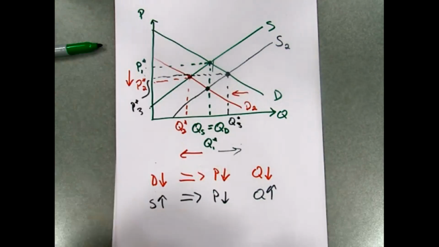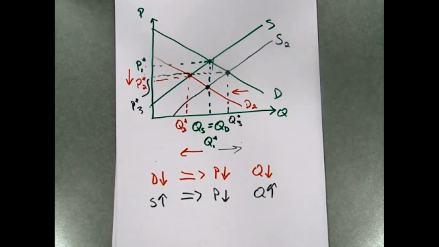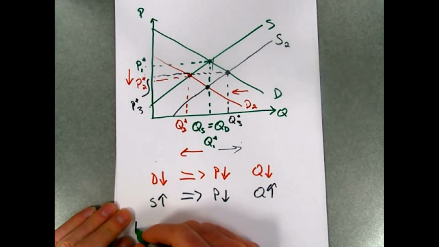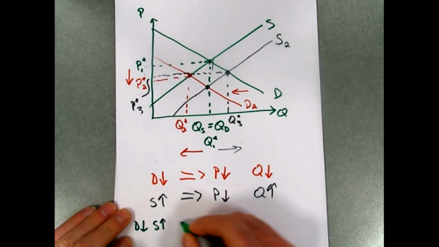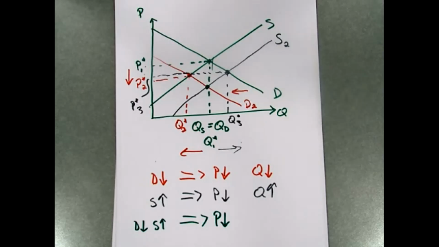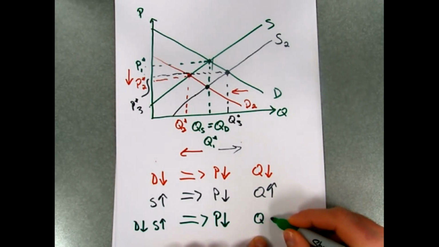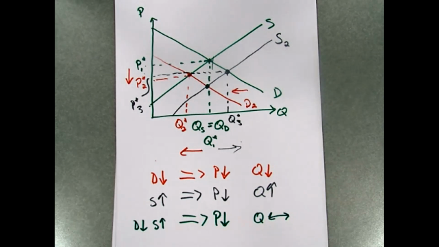So now that I have each of these effects written down individually, if I see both of them happen at the same time, they both drive price down, so I know that price will fall, but they push quantity in different directions. So usually I'll write this as something like this, right? The terminology we'll use is that the change is indeterminate.